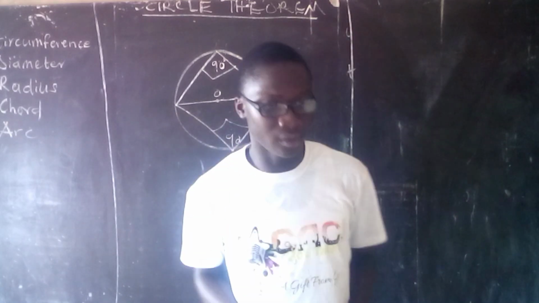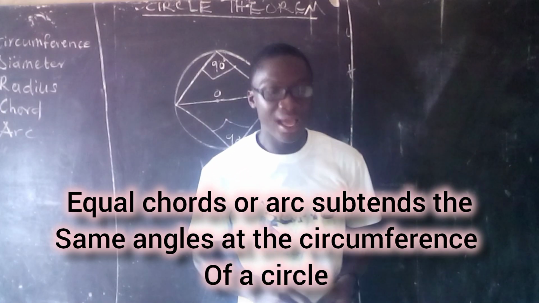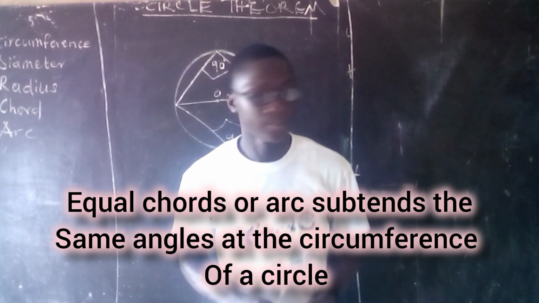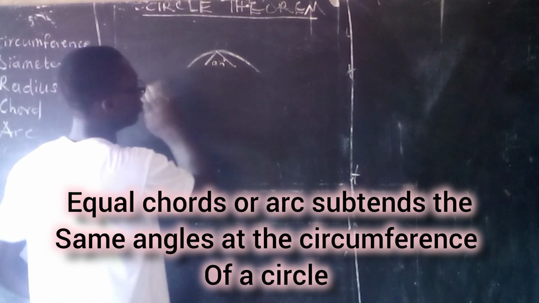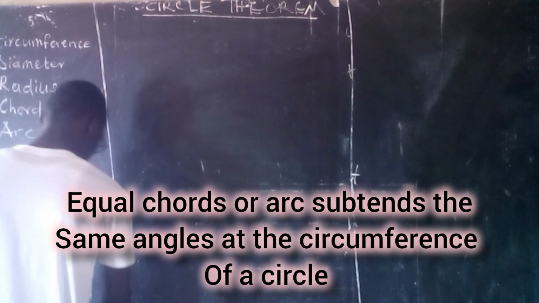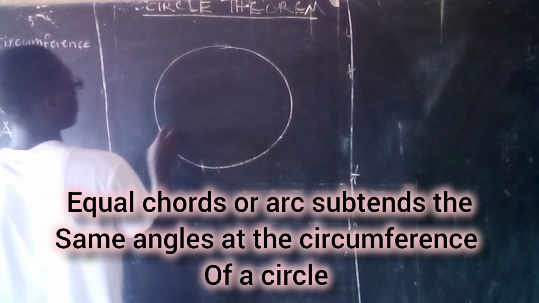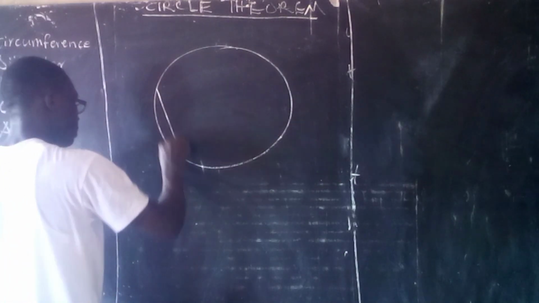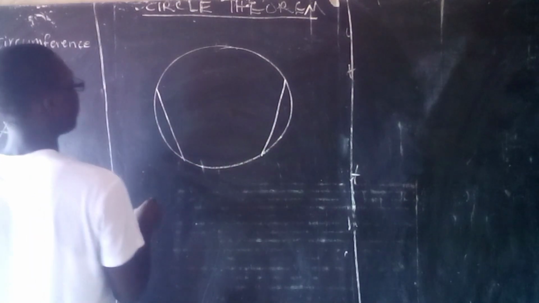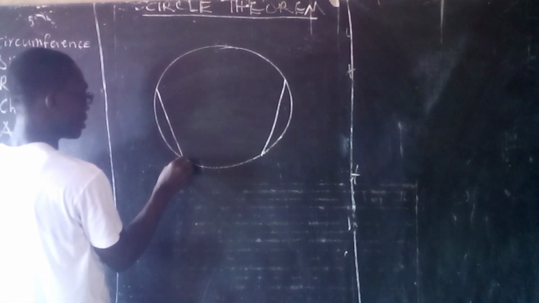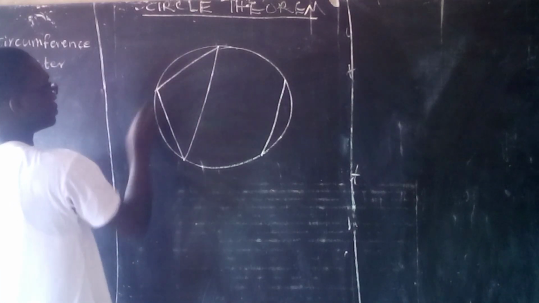Now the fifth one, we have equal chords or arcs subtend the same angles at the circumference of the circle. Let's say we have a circle with this chord, and then you also have this chord. This chord subtends an angle to the circumference of the circle.